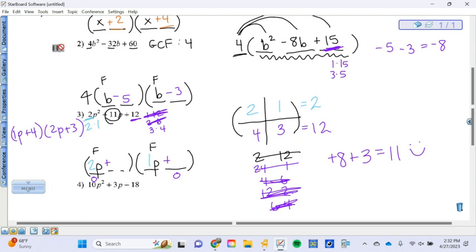I'm just going to show you this so you see it. 2p times 3, that's 6p. 4 times 1p, that's 4p. I'd end up with 10p instead of 11p. So I have to make sure the 2 and the 4 are my outers. The 1 and the 3 are my inners. Does that make sense?